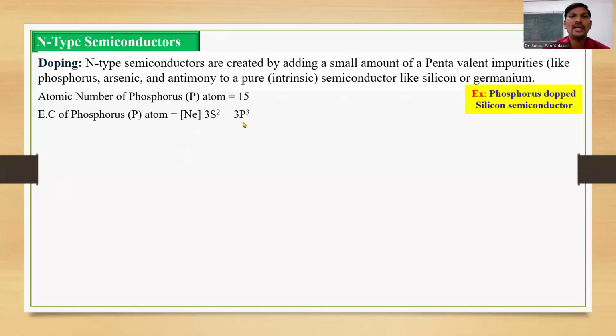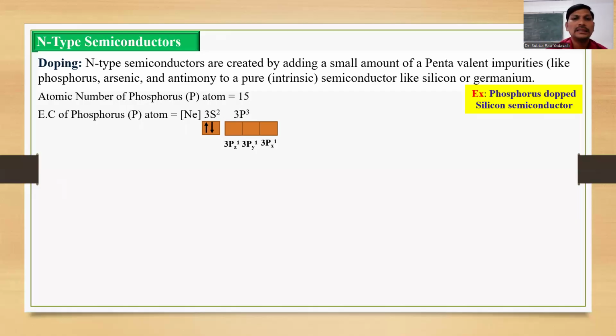This is the valence electronic configuration of phosphorus. Here neon has 10 electrons and the remaining 5 electrons exist in the 3s2 and 3p3 orbitals. The 3s orbital has 2 electrons and the 3p3 orbital has 3 degenerate p orbitals.